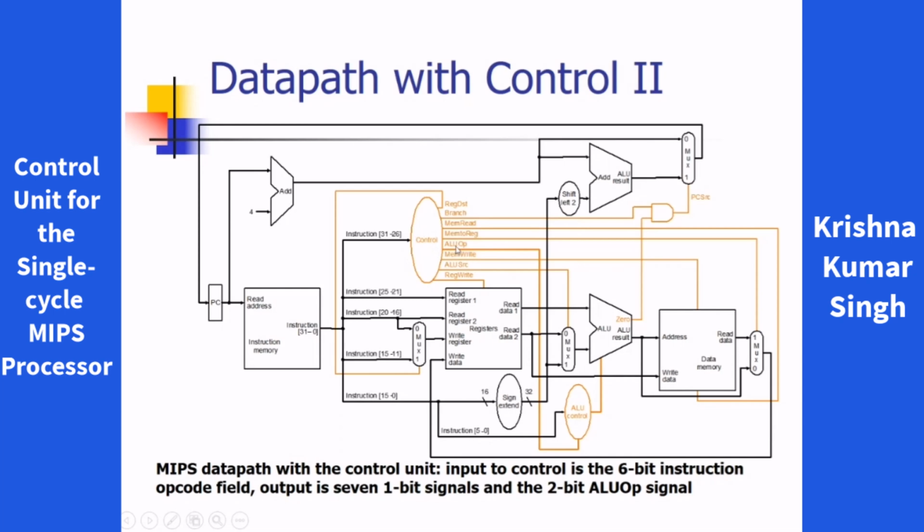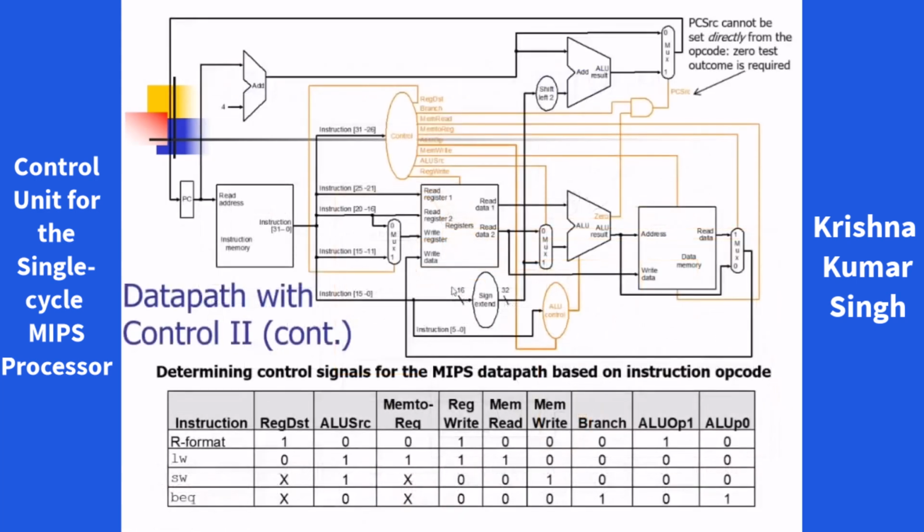The ALUOp has 2 bits and the other ones are 1-bit control signals. In this table, I summarized the value of the different control signals depending on the different types of instructions. And let me also show you these values in the next figure one by one.